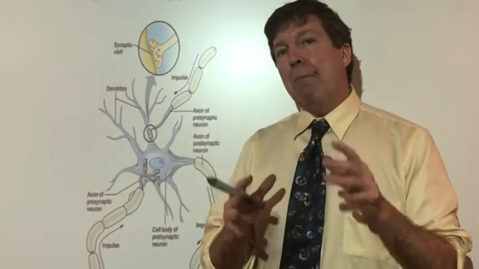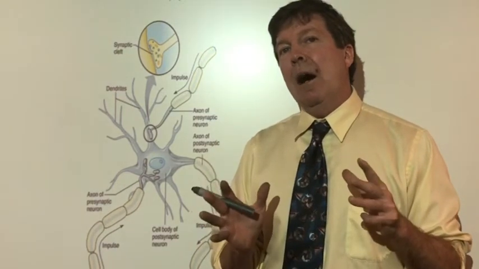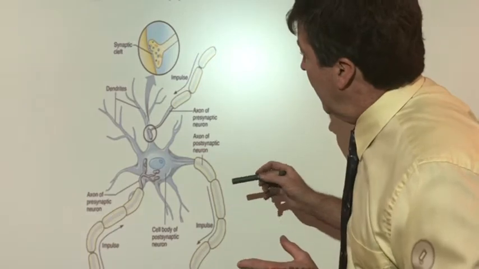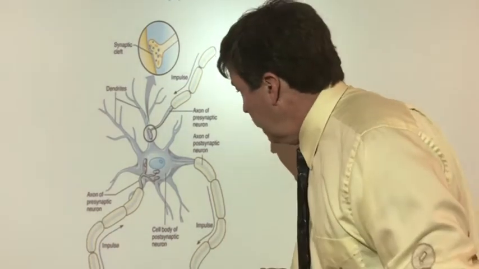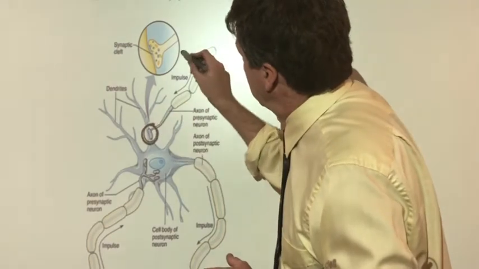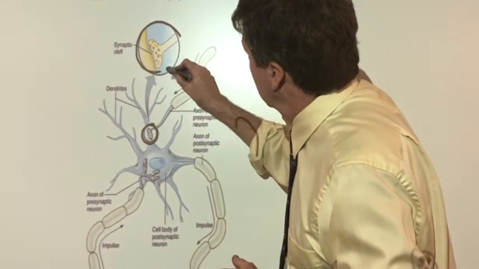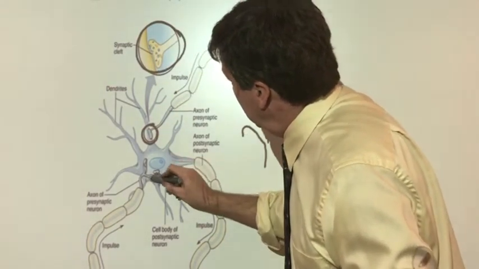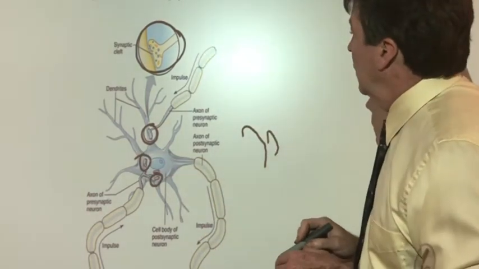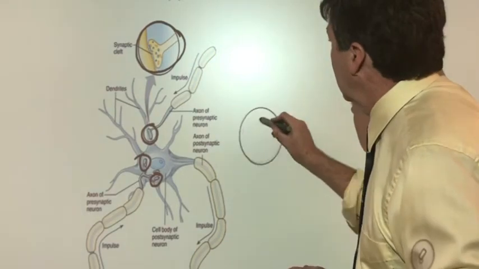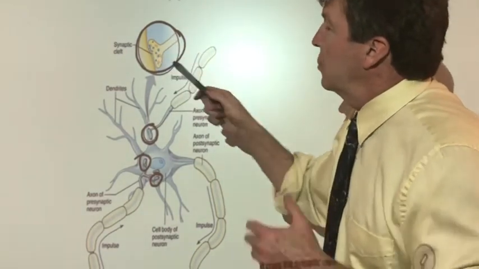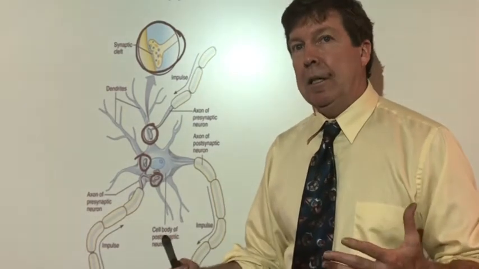So anyway, we'll get back to those in a little bit. Right now, let's take a look at what's going to happen at the synapse here. So notice we can get a close look here, but then look at all the other synapses here as well. So let's take a close look at synaptic transmission here.